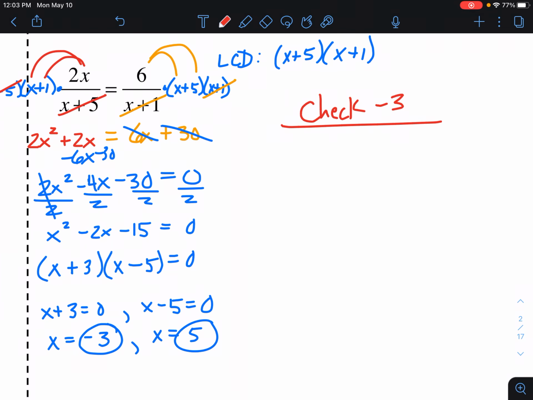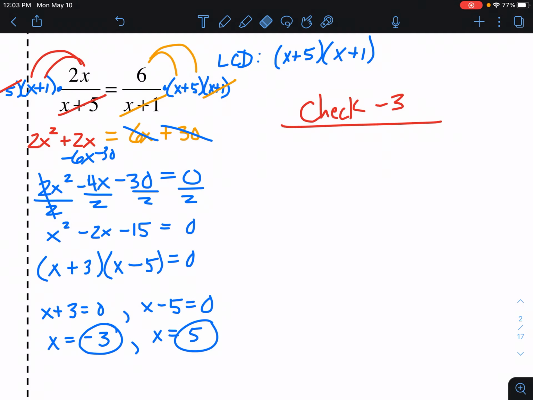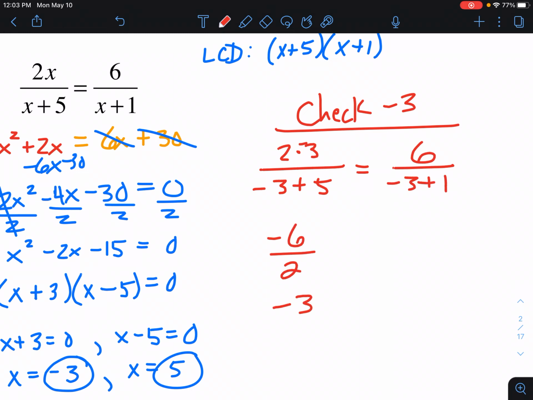All right, so let's check negative 3 back in the original problem. So it'll be negative 6 divided by 2 is negative 3. And 6 divided by negative 2 is also negative 3.